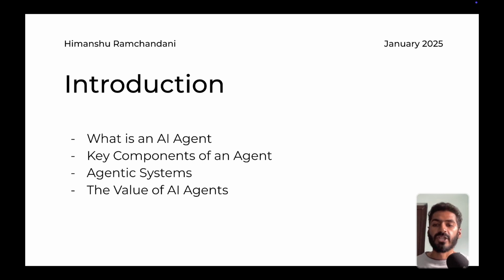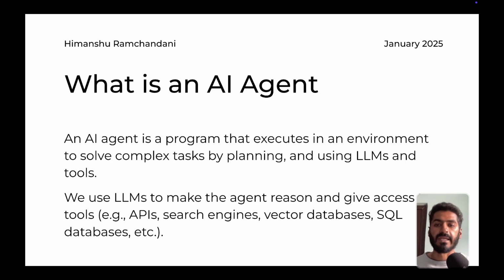Let's move forward with what AI agents are. An agent is something similar to agents like us, and we give a task to an agent. For example, it can be an insurance agent or a car dealership agent. You can compare with those people.